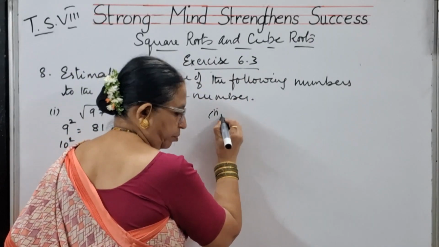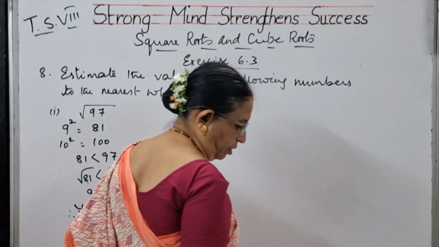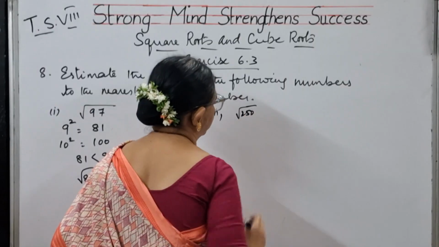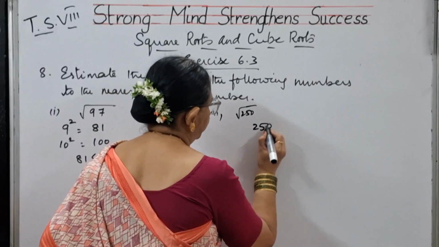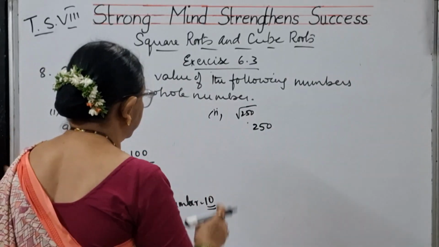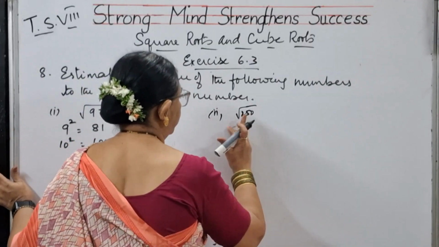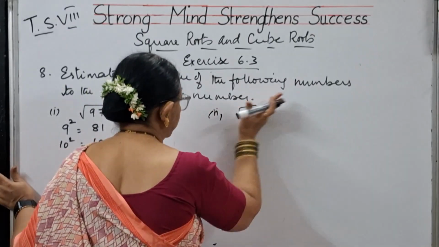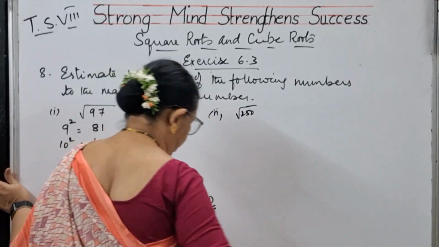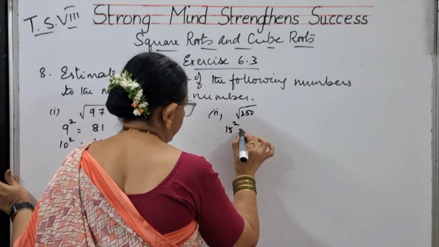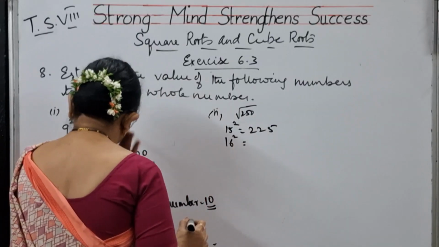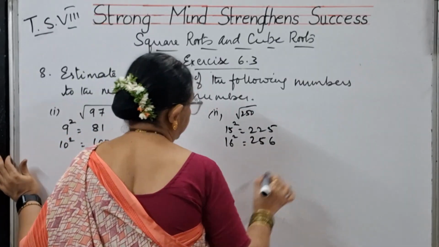And the second one that you have got is root 250. So we know that 250 lies between 15 square and 16 square. These small numbers' squares you know perfectly well. So 15 square is 225 and 16 square is 256.